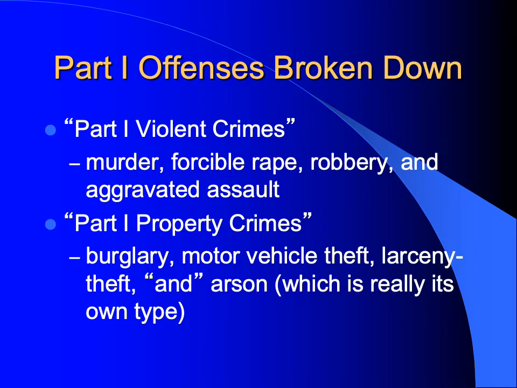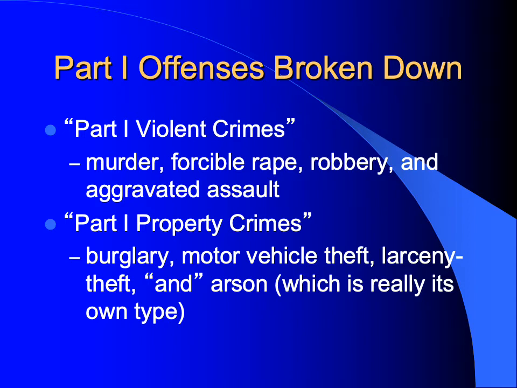Okay, so let me describe the Part 1 offenses for you. They break them up into violent crimes and property crimes. Violent crimes are crimes against people, if you will. And so they are murder, forcible rape, robbery, I'll talk more about robbery later, and aggravated assault. And then property crimes are crimes against property, meaning they don't necessarily hurt somebody physically, but what they do is they take things of value.